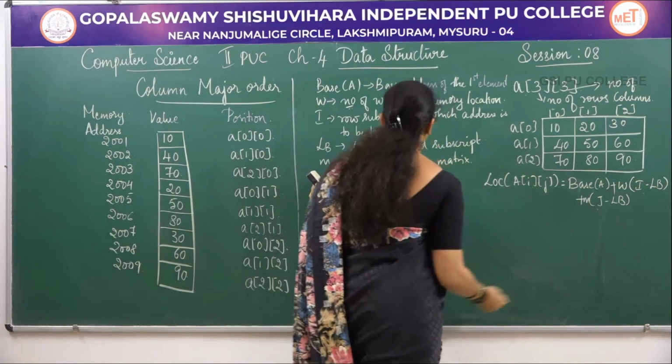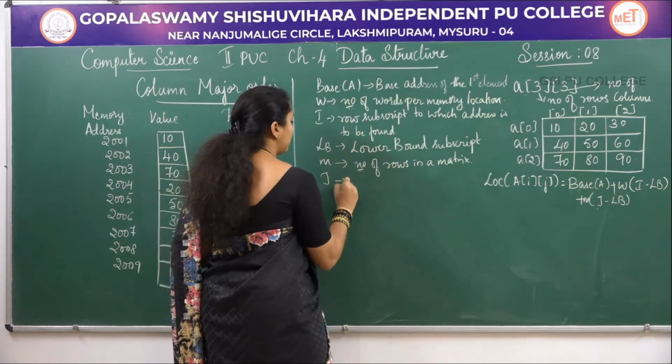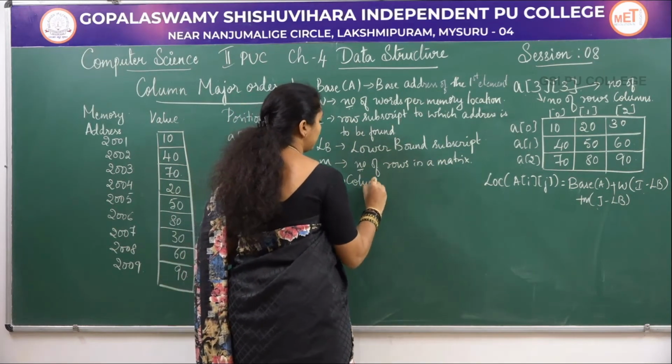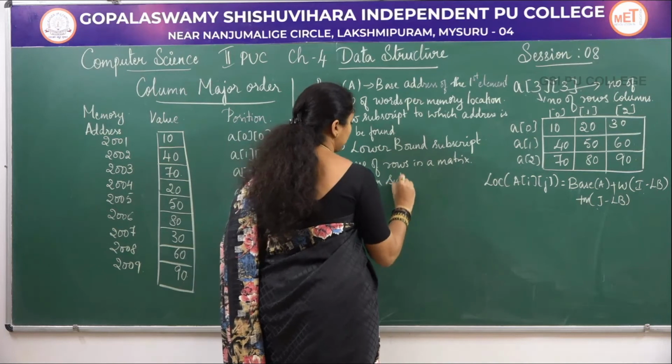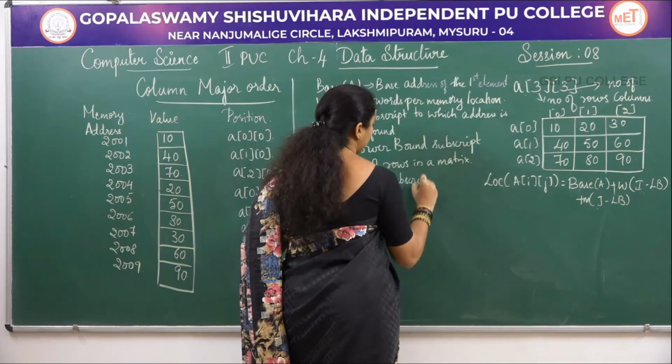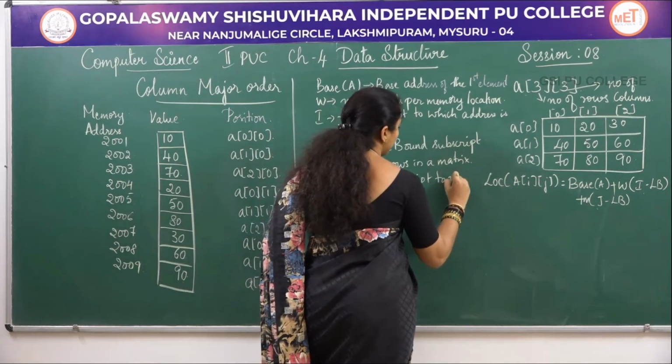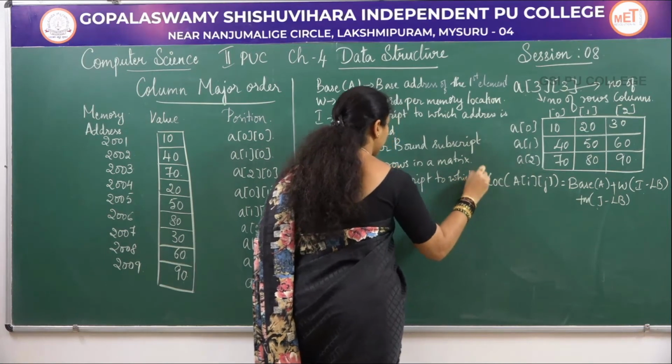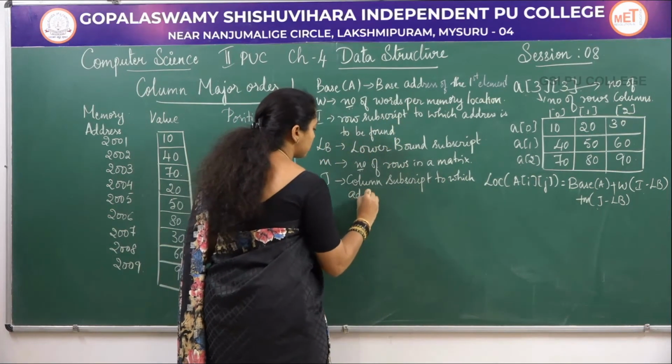And J represents the column subscript to which the address is to be found.